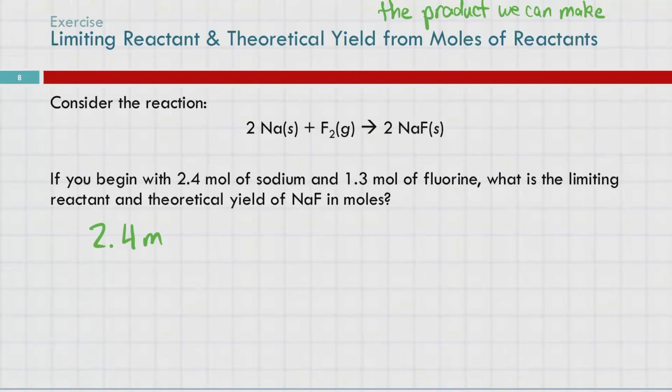So starting with the two amounts, the 2.4 moles sodium, 1.3 moles fluorine. We've got two conversion factors we need to find from our balanced equation. We're going to get one for sodium to sodium fluoride.